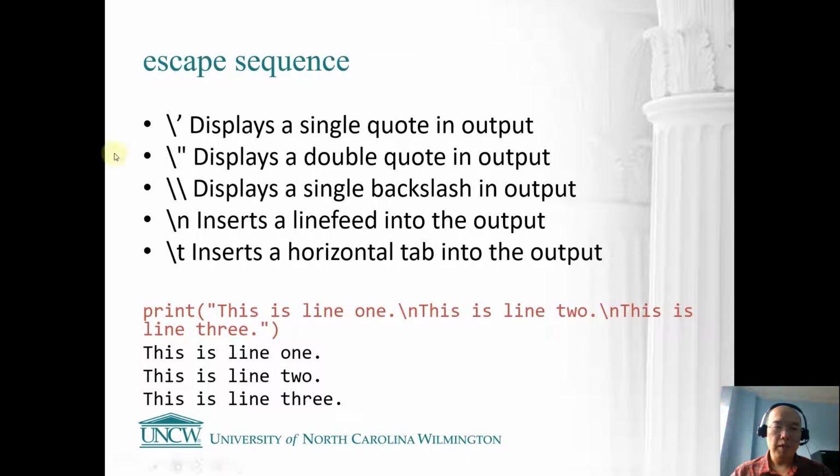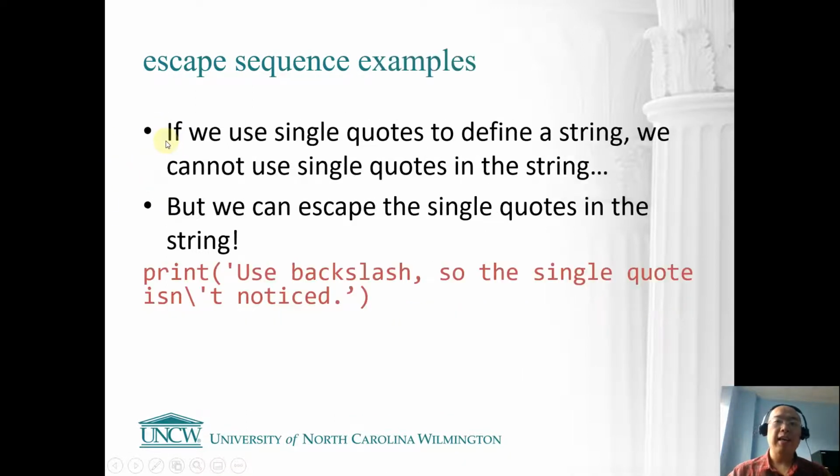Well, remember here, backslash single quote will be displayed as a single quote. So what you can do is, a single quote starts here, and then in the middle there is a backslash single quote, and that backslash single quote will be treated as one single quote.